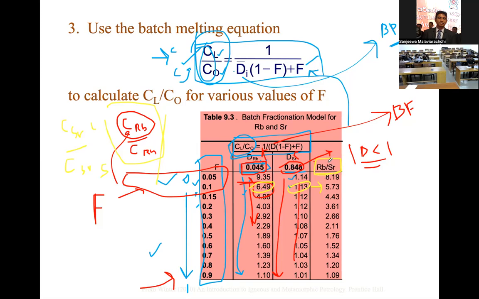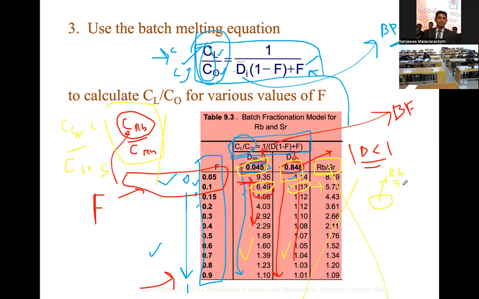This is something outside. You might not need this immediately, but see the behavior of these two elements. You should be able to understand the relative behavior of these types of elements in a system. They behave completely differently, all depending on the partition coefficient value. This is very important. You have a source and you produce some melt out of that, and in that melt you have rubidium and strontium.